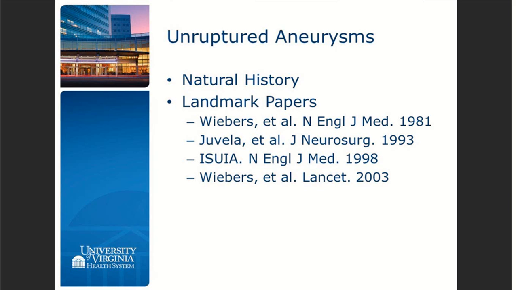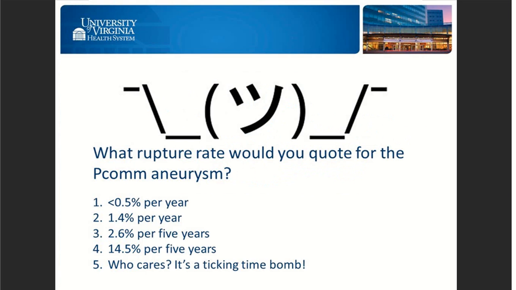Yes. So our understanding of the natural history of unruptured aneurysms is really based upon multiple landmark papers. And here's a list of the 4 that we'll discuss in a little bit more detail. So in this setting, what would you quote for the rupture risk of this posterior communicating artery aneurysm?